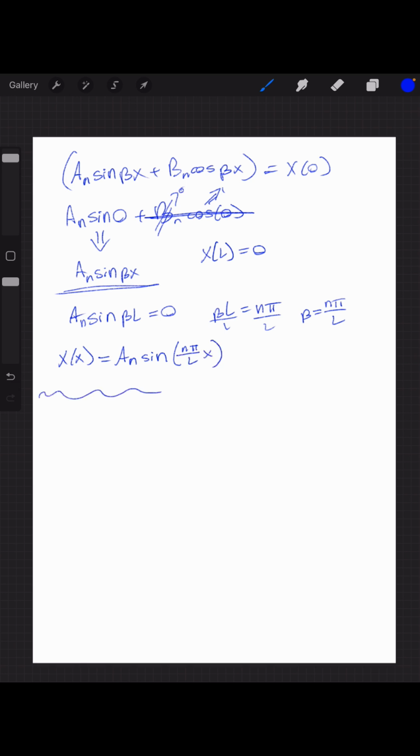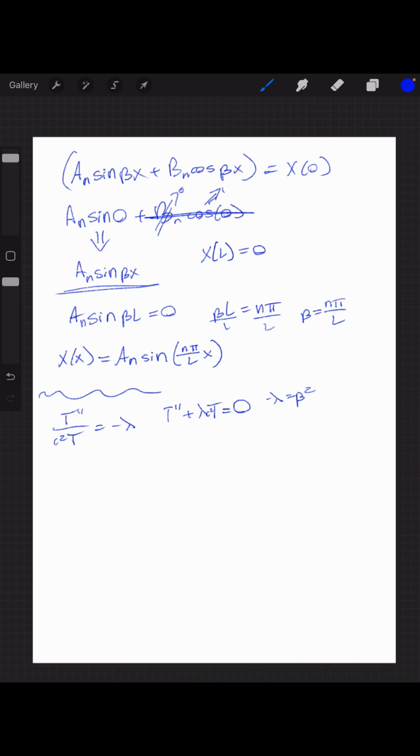So we can start to work on the T equation. We have T double prime over c squared T equals negative lambda. Now if we do the same thing we did with the X, we have T double prime plus lambda c squared T equals 0. Now, we must also set lambda equal to beta squared.